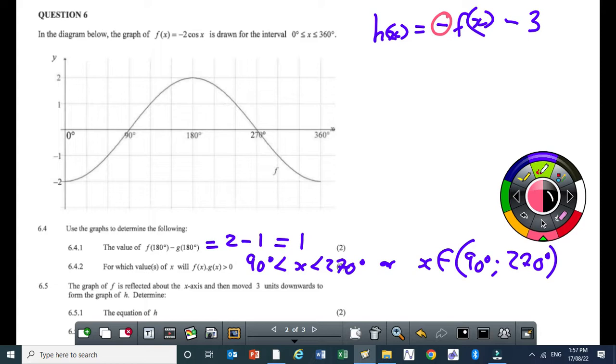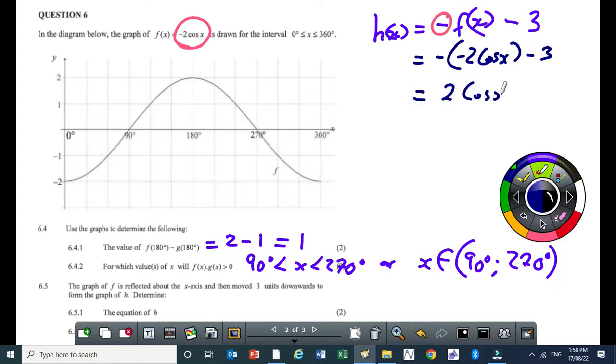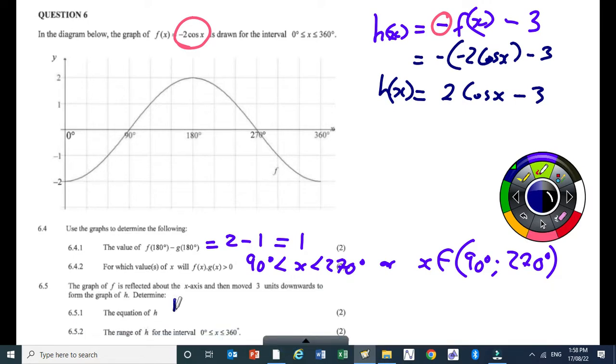So all we have to do is substitute this where there is f of x. So we will get minus 2 cos x minus 3. So that's the equation. The answer here is h of x is equal to minus 2 cos x minus 3.